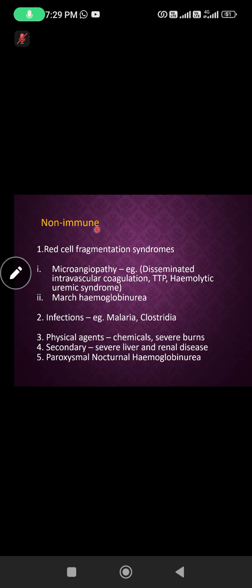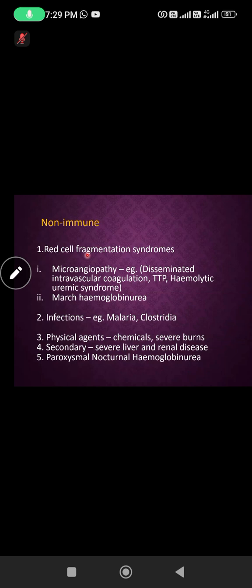hemolytic anemias as well. So these hemolytic anemias also fall under acquired reasons, and under non-immune classification, in the non-immune category actually we have red cell fragmentation syndrome and infections.